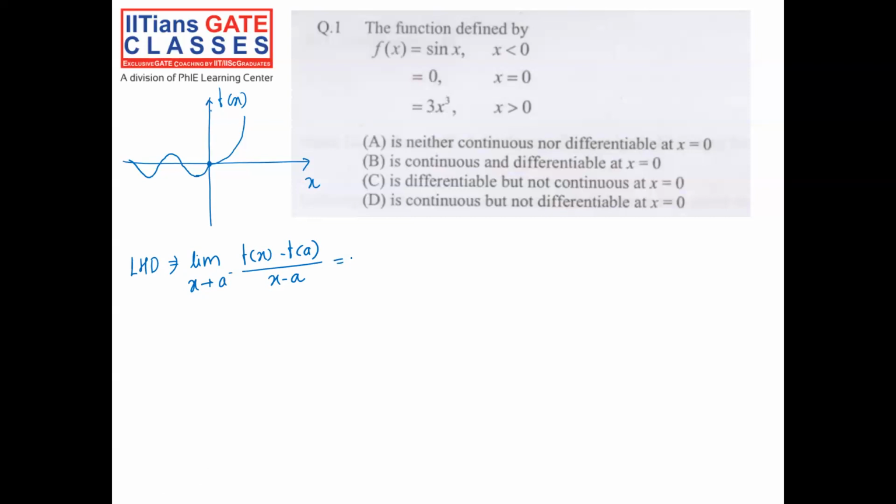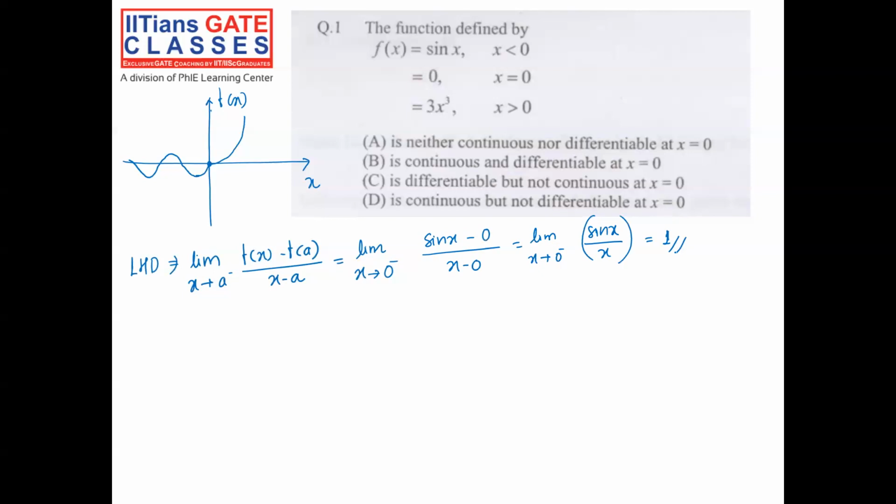In terms of the given values, it is the limit as x tends to 0 from the negative side of sine of x minus f of 0, which is 0, divided by x minus 0. So we get the limit as x tends to 0 from the negative side of sine of x by x. The limit as x tends to 0 of sine of x by x is 1. So this is what we got as the left hand derivative.